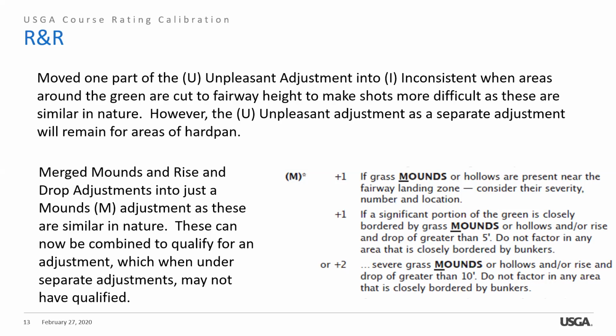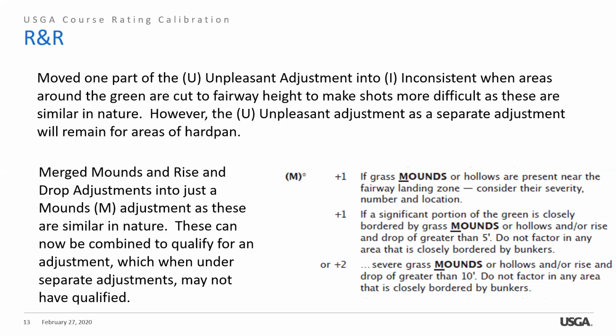The other thing I want to point out here, and it's a little difficult to see, but on the screen, just to the right of the M, there's a star. Anytime you see that star in the book, that's saying that adjustment is shot specific. So in this case, mounds could come up on multiple shots throughout the hole.